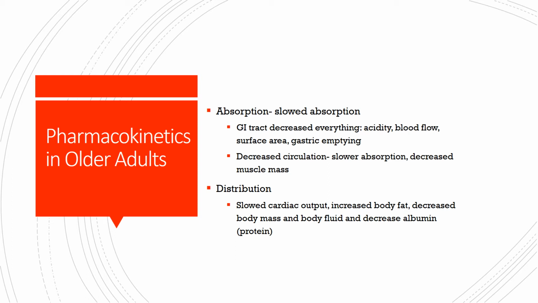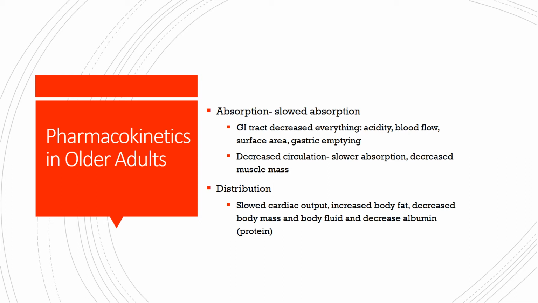With distribution, we have a slow cardiac output, an increase in body fat, a decrease in body mass and body fluid, and a decrease in albumin, our protein. So we have to think about protein-bound drugs, which may have an issue getting around to the target sites.